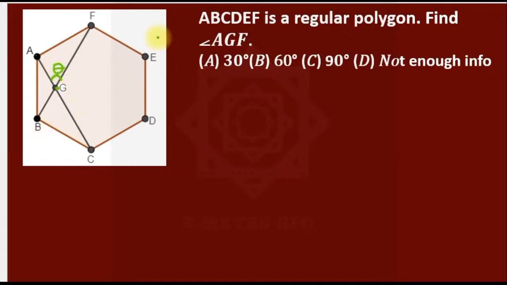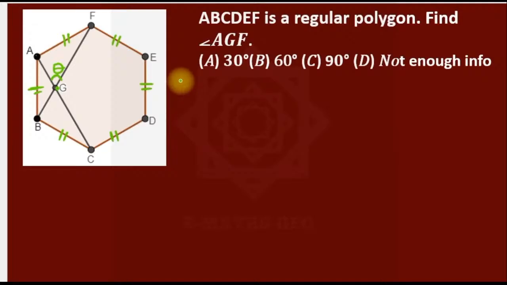And how do you solve this? It's simple. We are given that A, B, C, D, E, F is a regular polygon, so all the sides are equal. What's the name of this polygon? This is a six-sided polygon, a hexagon.